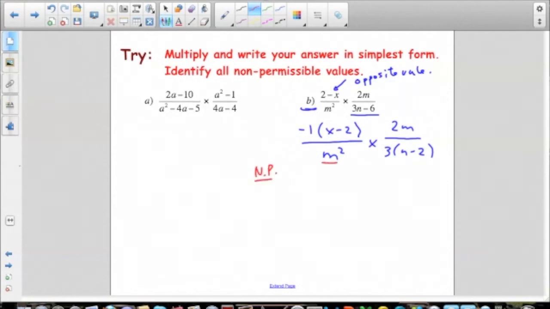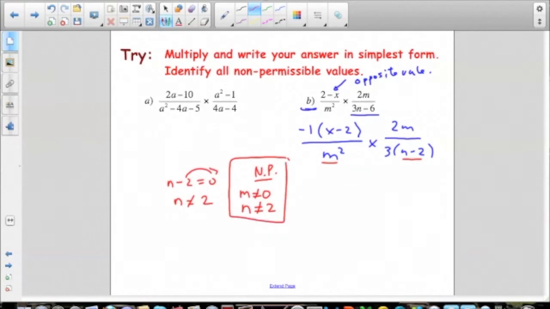We have an m there, so that's easy. M cannot equal 0. And we have this expression, n minus 2 equals 0, do the algebra, n equals +2. So there are my non-permissibles, okay?